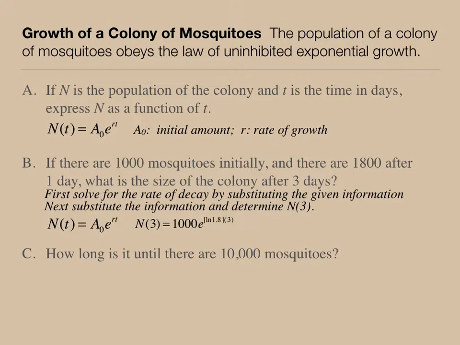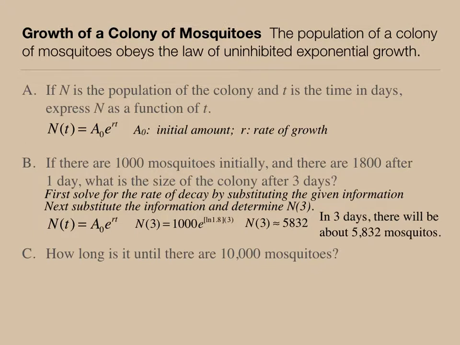Now this is a number which we can evaluate with our calculator, and we get about 5,832. Now we always want to make sure that this makes sense in the context of the problem. Remember, we had an initial amount of 1,000 mosquitoes. There were 1,800 after 1 day. We're saying that after 3 days, there'll be about 5,832 mosquitoes. That does make sense. You always want to check.